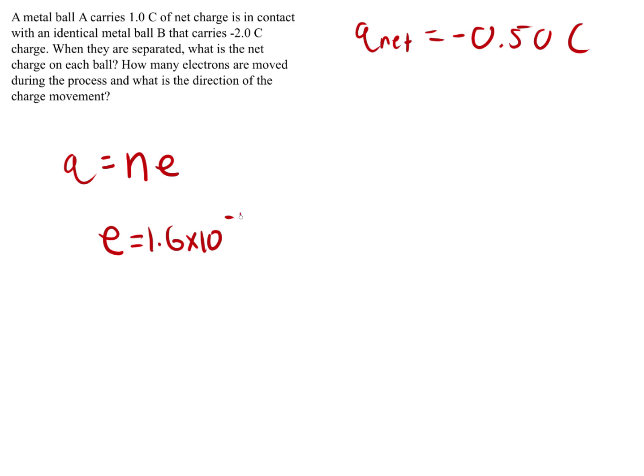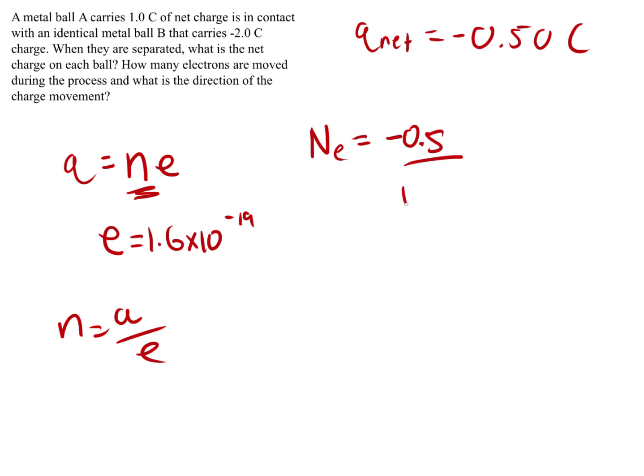So to find the number of electrons, we just have to divide the charge by the charge per electron. So we get that the total number of electrons is equal to the net charge of -0.5 coulombs divided by 1.6 times 10 to the -19 coulombs per electron.